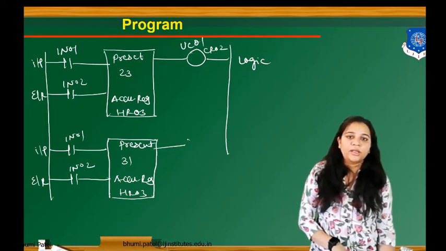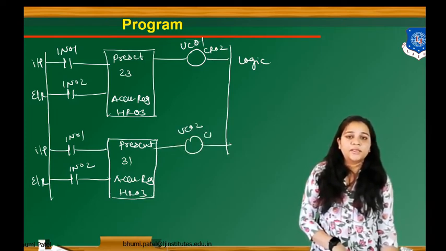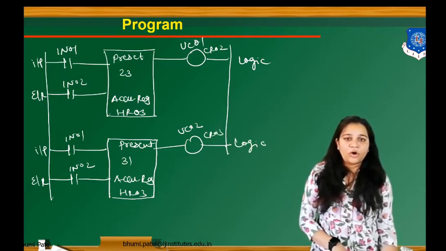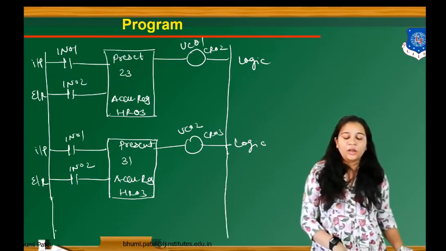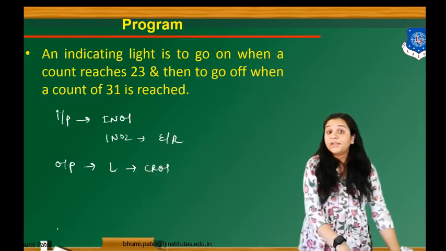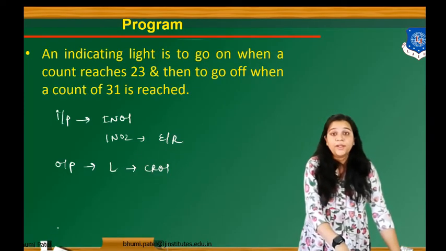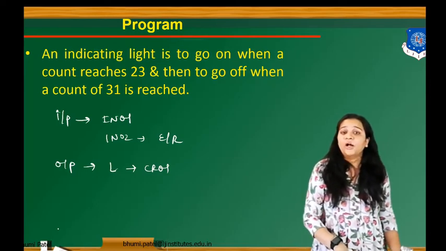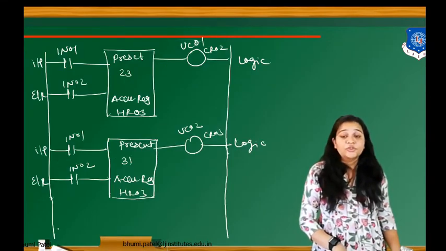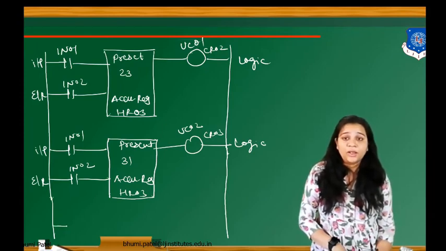So the second counter preset value is 31, and we can take the accumulator register HR03, and here again we have to use the up counter, and the name of the output is CR03. So this is again the logic of this particular program. Now what is the condition for this? An indicating light is to go on when a counter reaches 23 and then to go off when the count of 31 is reached. So we can use an AND gate here.